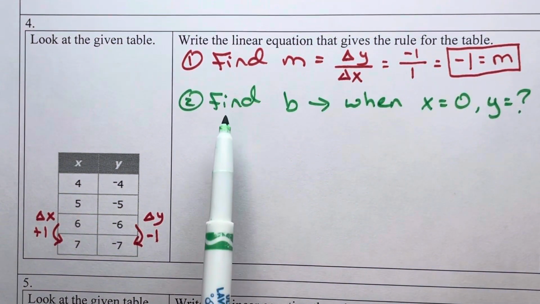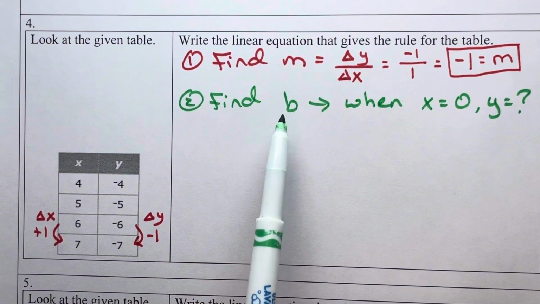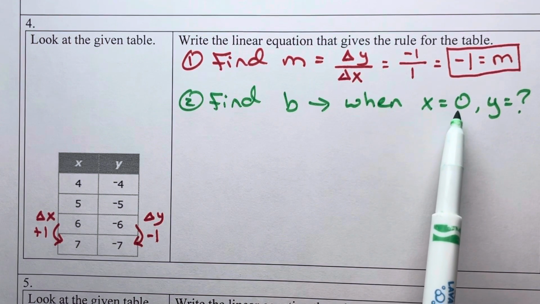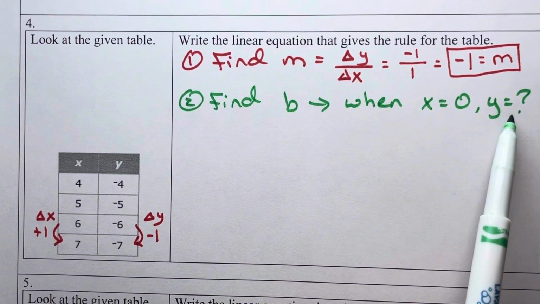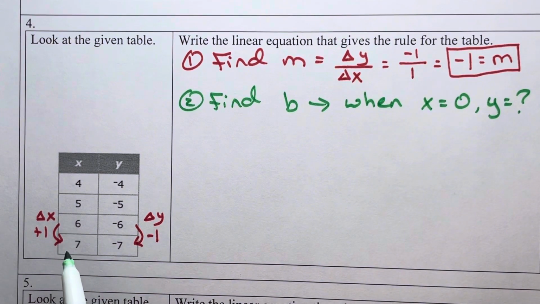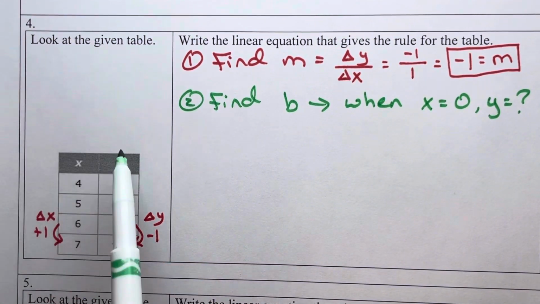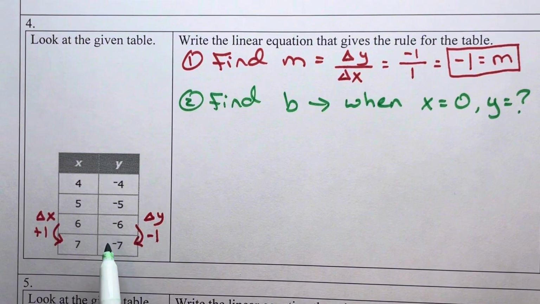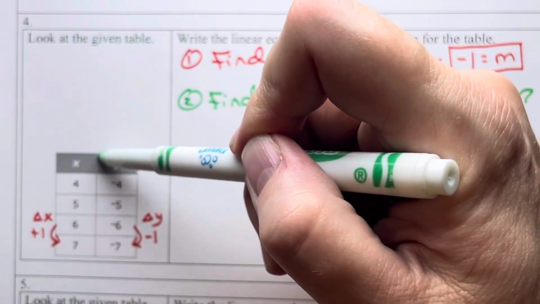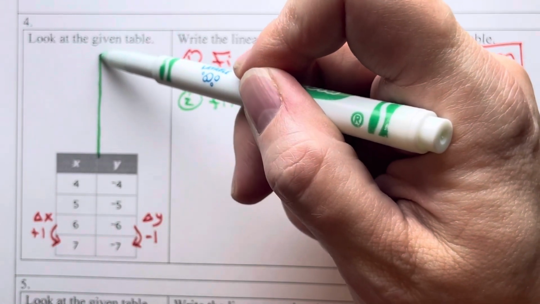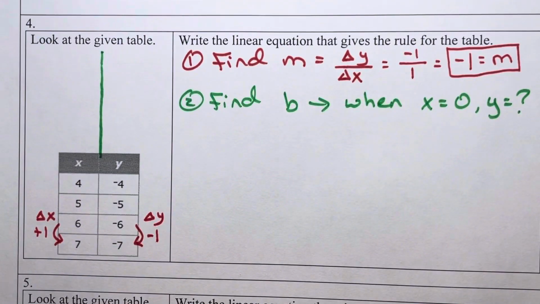Now we need to go find our y-intercept B. And we know this happens when x is equal to 0, so we have to find the corresponding y value for it. All right, so we do not have x equaling 0 shown to us on this table. We have to go get it. So we do that by extending our table upwards, just so we have more room.